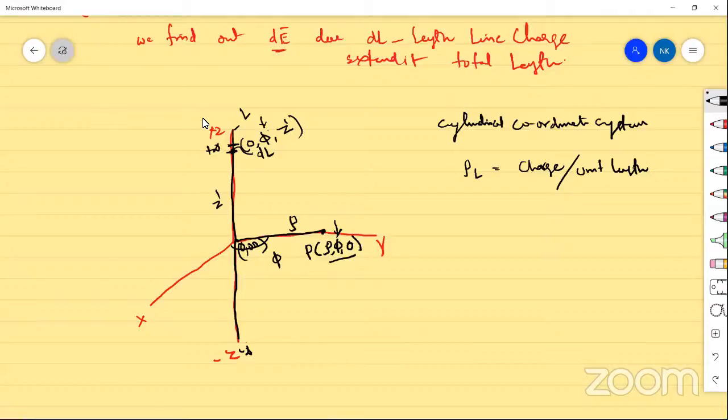Suppose this dl contains a charge of dq. What is the value of dq? Rho L into dl. Now I'll try to find out the electric field due to this small charge. And after that, I will integrate over the length from minus infinity to infinity, and I will get it for infinite length charge.